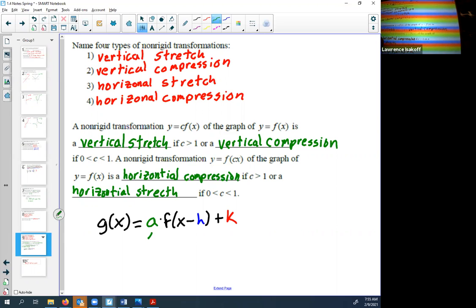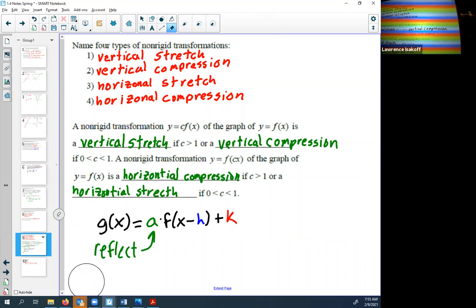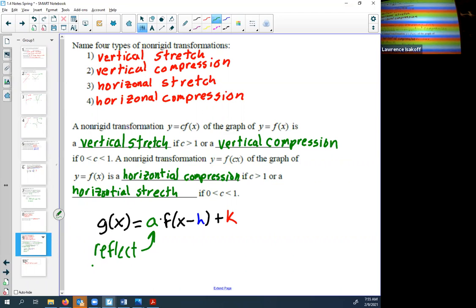A can move, this can reflect, stretch, or compress.